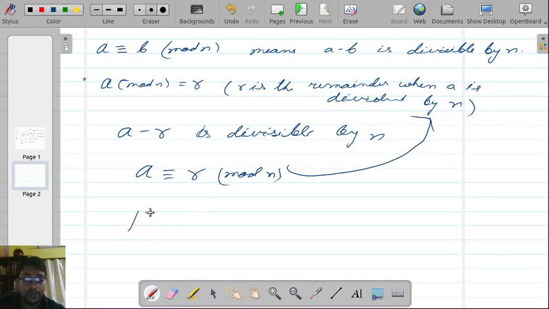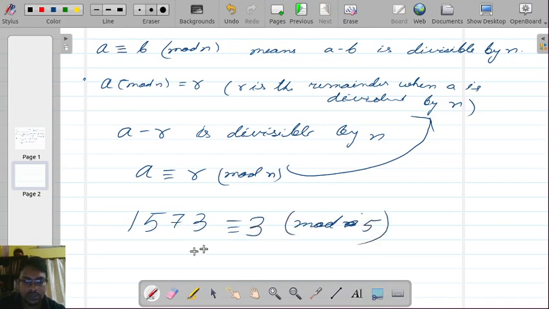So what we can do is reduce very large numbers, say 1573, to small numbers by considering these modulo operations. Say mod 5. If we divide this number by 5, the remainder is actually 3.